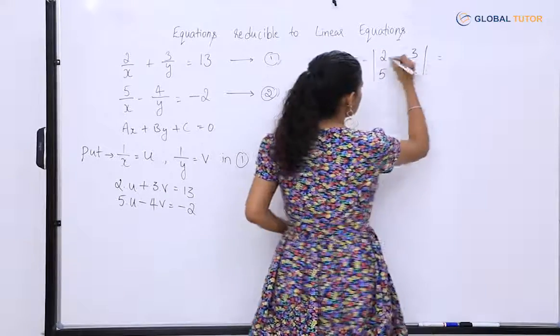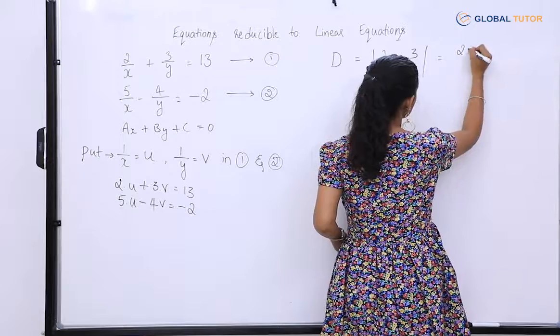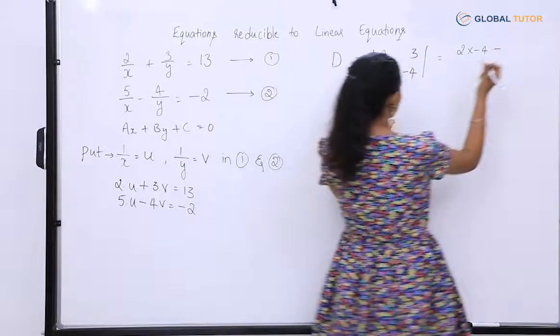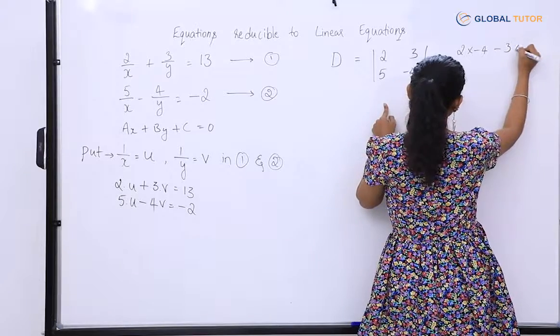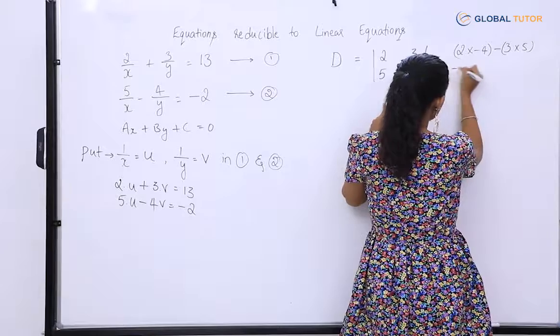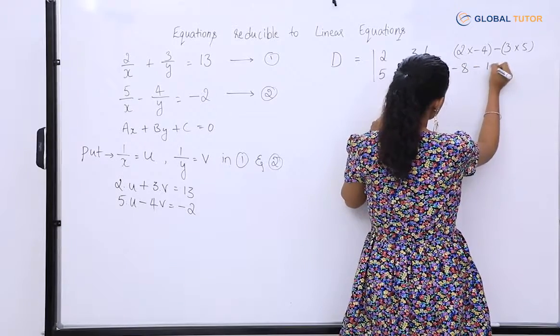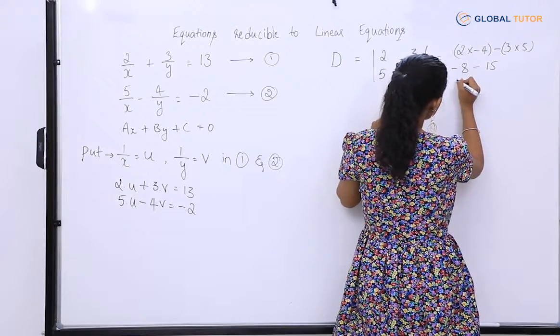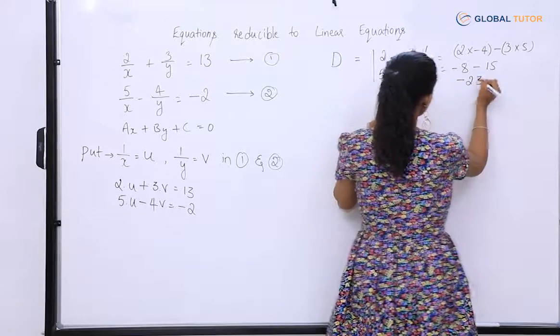So this will become 2 into minus 4 minus 3 into 5. So this is minus 8 minus 15. So this is minus 23.